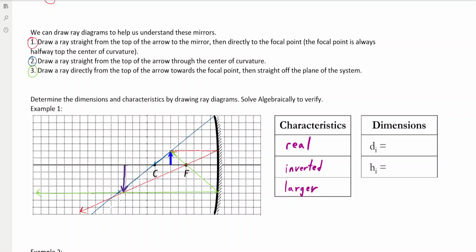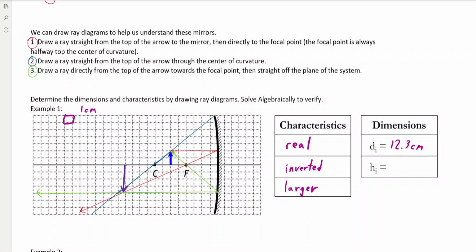Okay, so if we take a look at the DI, we can count. We know each one of these squares here. It doesn't actually say, but we're going to pretend each square is 1 centimeter by 1 centimeter. So it's going to be 1, 2, 3, 4, 5, 6, 7, 8, 9, 10, 11, 12, 12.3 centimeters is my estimate here.